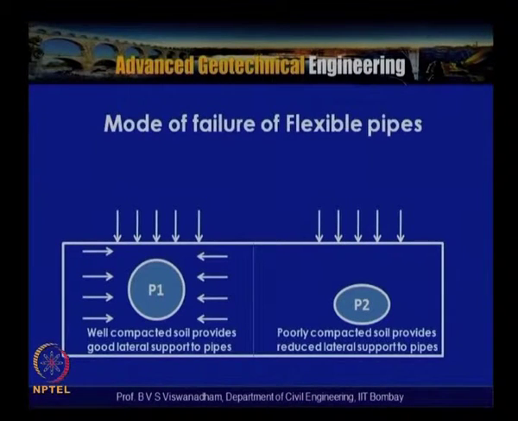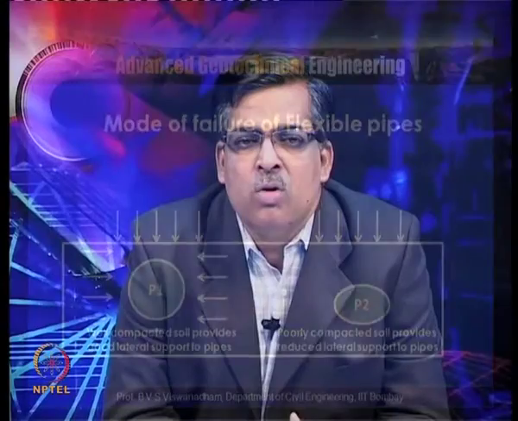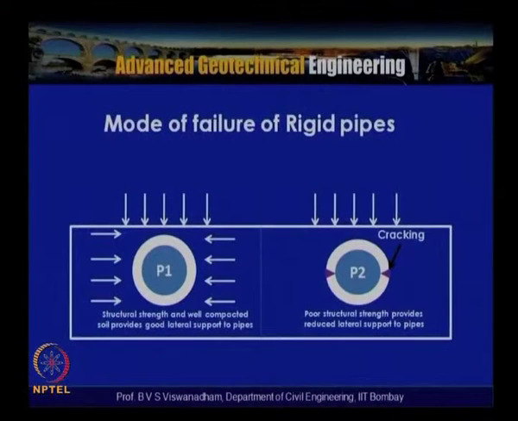So in the mode of failure of a flexible pipe, poorly compacted soil produces less lateral support to the pipe, and because of the loss of support, the pipe undergoes changes, and with further increase of external loading, which we will discuss in the next lecture, the pipe can undergo distress. Similarly, with rigid pipes, we said that rigid pipes attract most of the load.